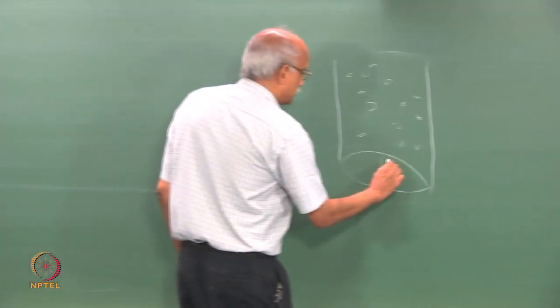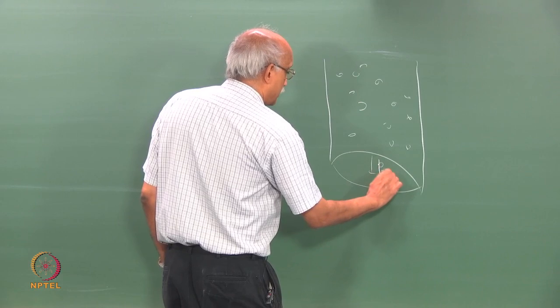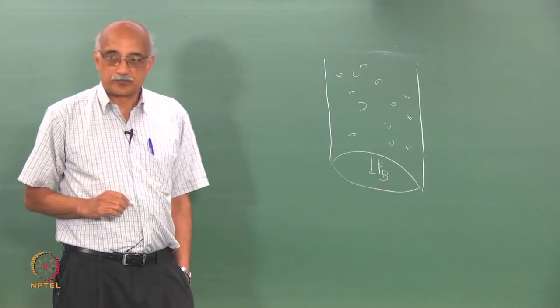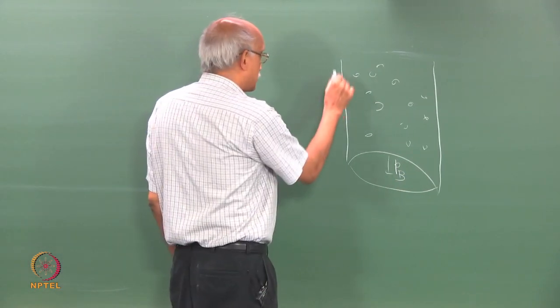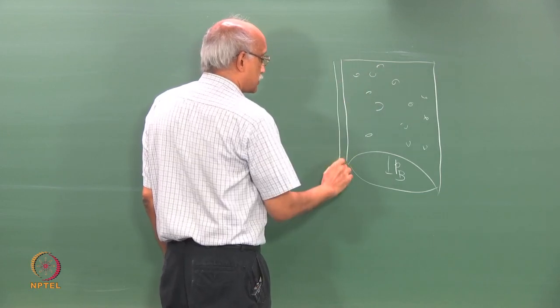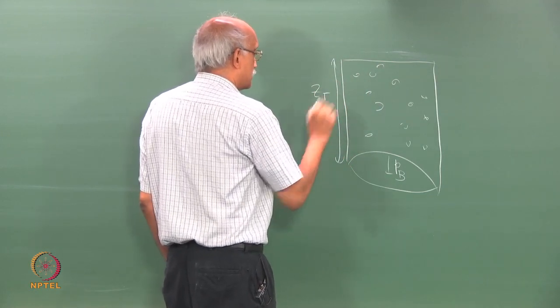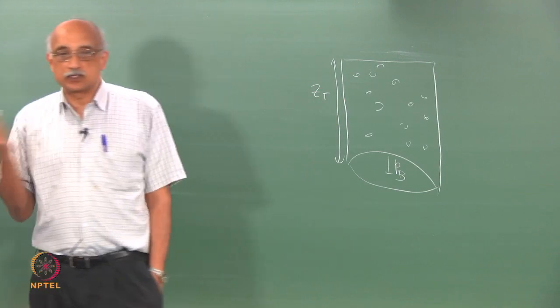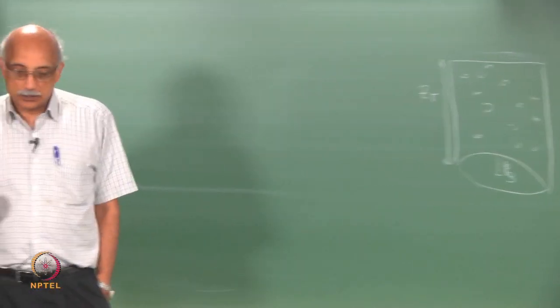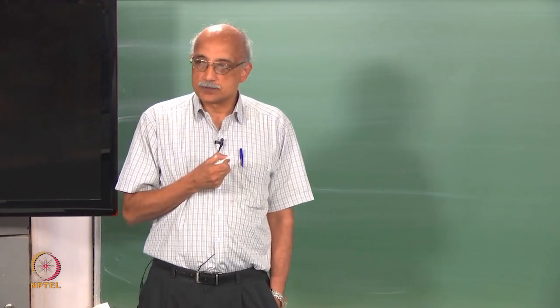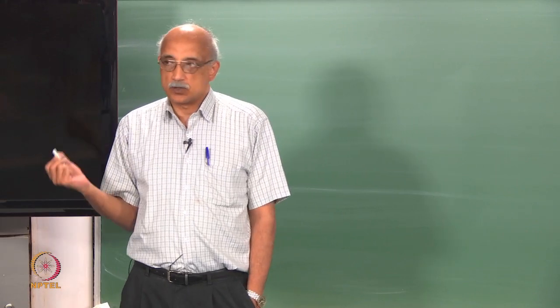So, one of the critical parameters here is, what is the pressure at the bottom of the bin as a function of, let us say that this whole height is Z total. You would like to find this expression, and then you would like to compare this for liquids and for solids.